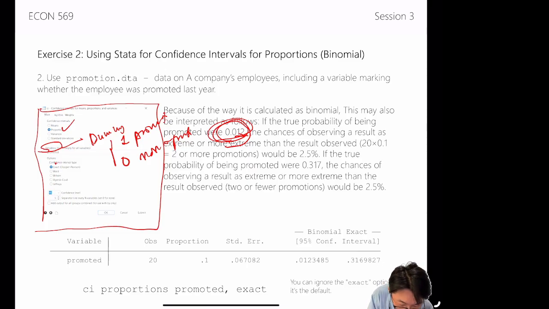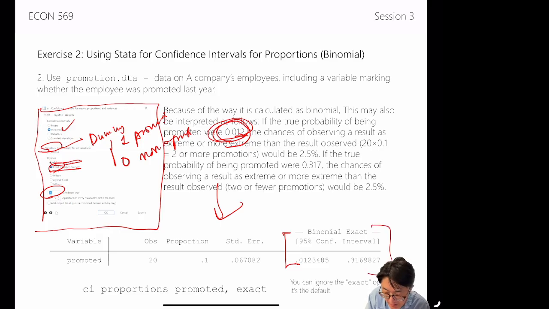That's why we are using statistical analysis. For the confidence interval, you can just keep the default. So you can just choose exact and the 95 confidence interval. Then you can see that the 95 confidence interval is what? In fact, your minimum inference is about 1%, but your maximum is about 32%.